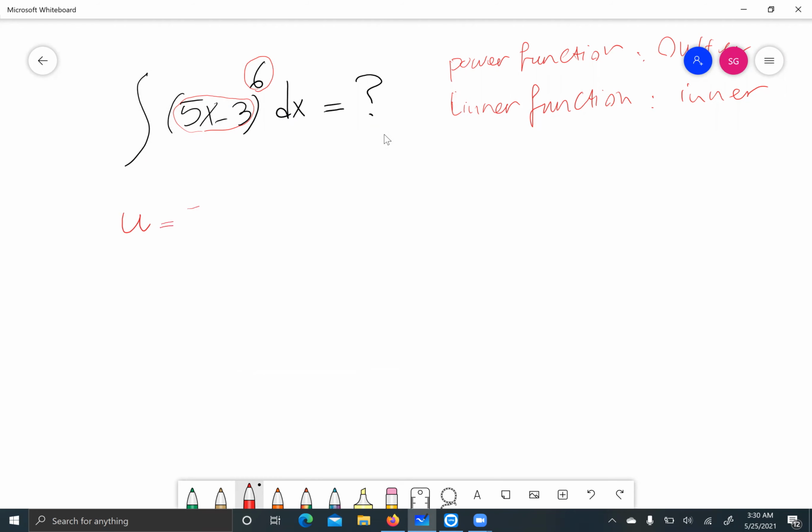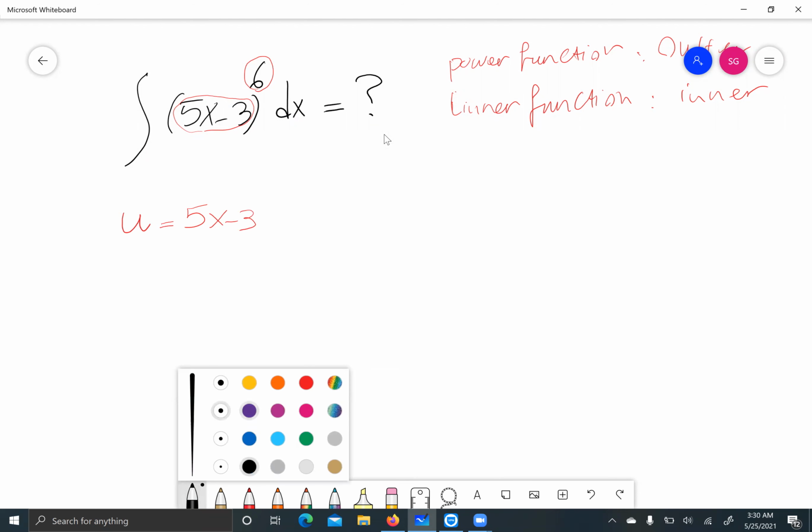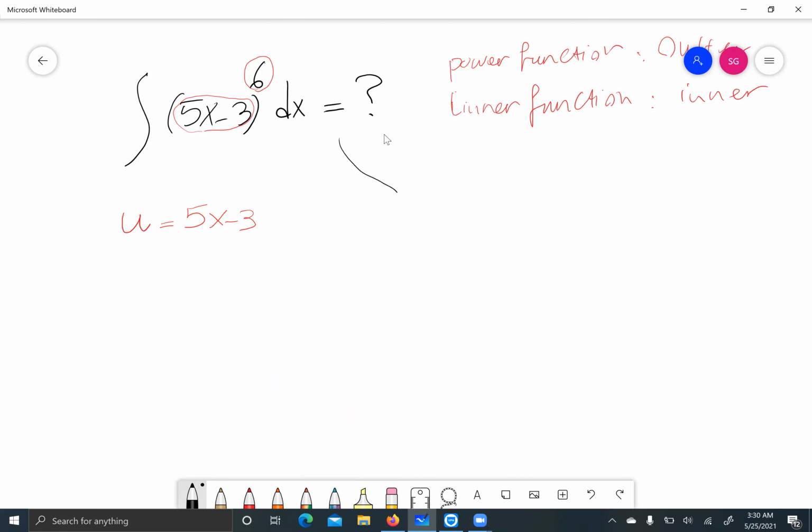So instead of this, we call it U. Rewrite this integral: it becomes the integral of U to the power of 6 dx. So we just label the inner function.